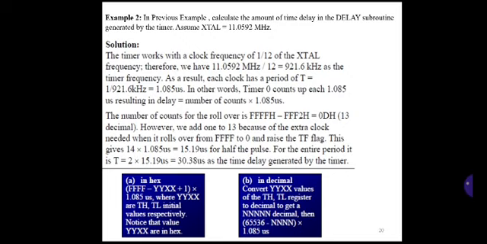In the box, the calculation of the value is given in hexadecimal as well as in decimal. To calculate the value in hexadecimal, you have to do FFFF minus the loaded value. In our case it is FFF2. So FFFF minus YYXX plus 1. YYXX means the value that you are going to load into TL0 and TH0.